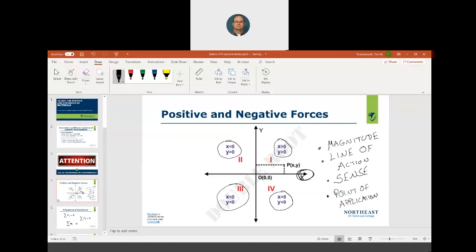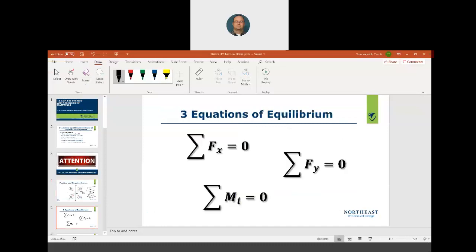Okay, so what are the 3 equations of equilibrium? Static equilibrium, basically it's not moving. Yes, the Earth is moving, but static equilibrium means nothing is moving.